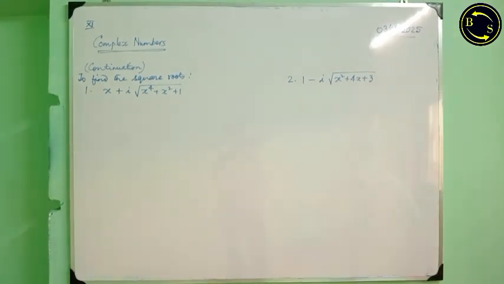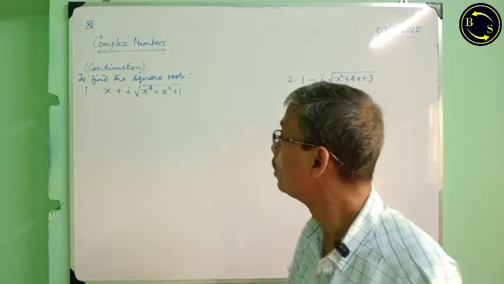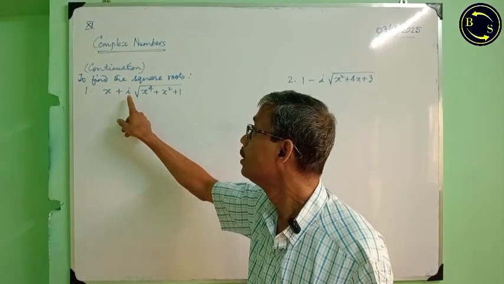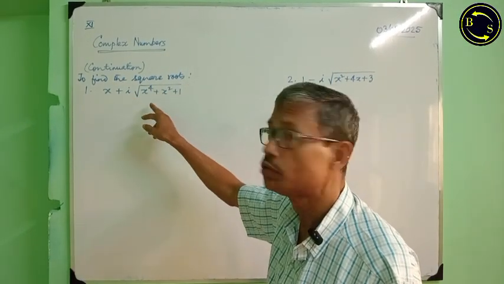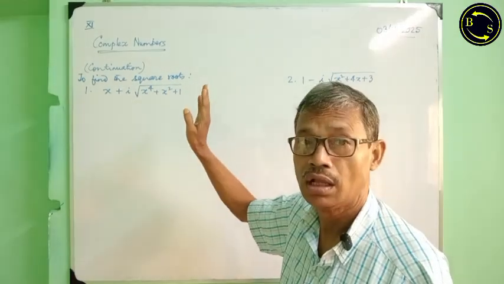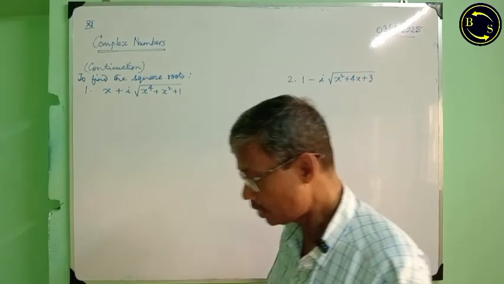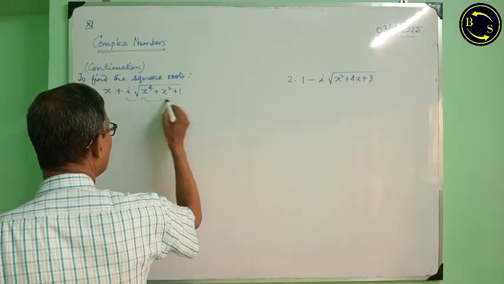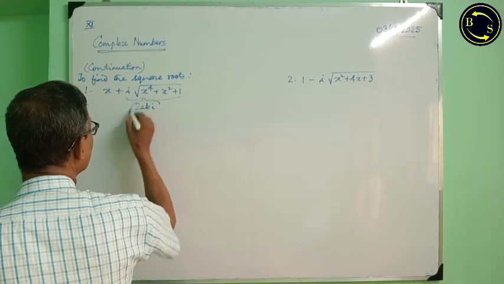I suggest students, after writing down the expression, you first note the imaginary part. Here we find imaginary part is i into under square root symbol x to the power 4 plus x square plus 1. Already I have discussed that in this part there is 2ab i part.